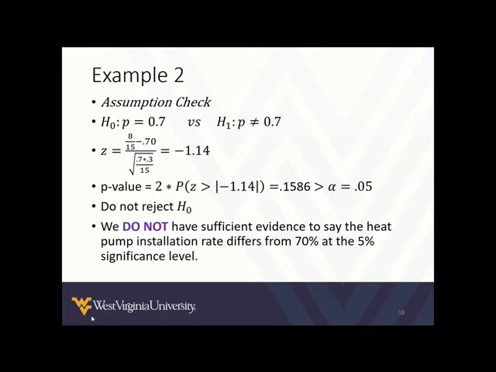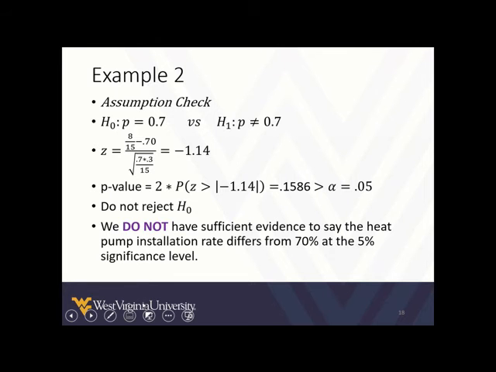If we use the p-value method, then that becomes 2 times the probability of z greater than the absolute value of negative 1.14, which is equal to 0.1586, which is greater than our alpha value. Therefore, we will not reject the null hypothesis, and we can say that we do not have sufficient evidence to say the heat pump installation rate differs from 70% at the 5% significance level.